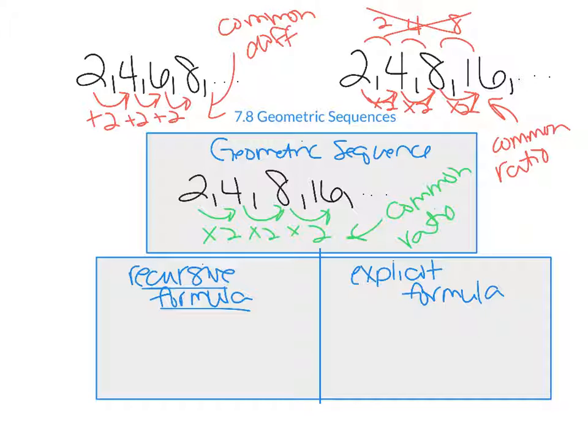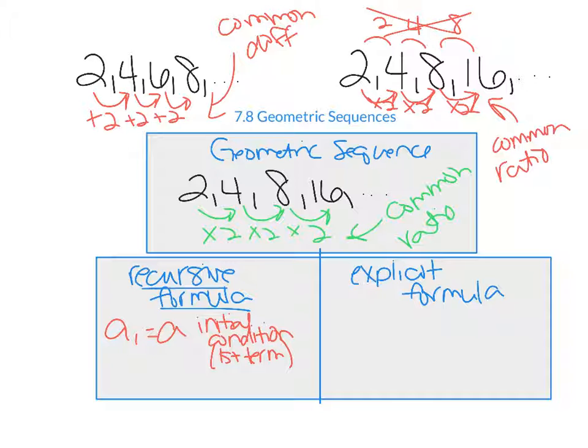Now we have some notation that's kind of similar to the arithmetic sequences, but a little different as well. So what we are going to start with is called A sub 1. We can also just call it A. A sub 1 is what we're going to call the initial condition. Or, in other words, it's just the first term of the sequence.